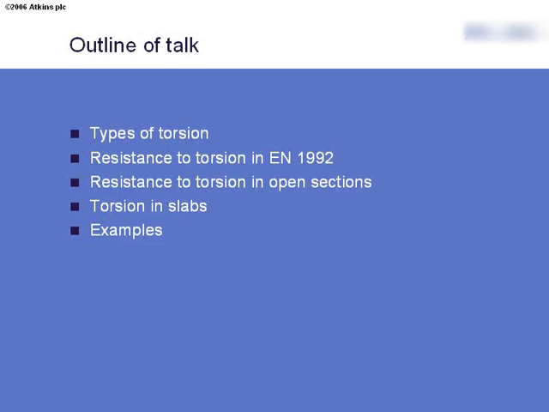We'll mention very briefly torsion in slabs, but only to say that these rules don't cover torsion in slabs. You have to use something else, either Wood Armer, which strictly isn't covered anymore, or the membrane and shell rules have to be used.